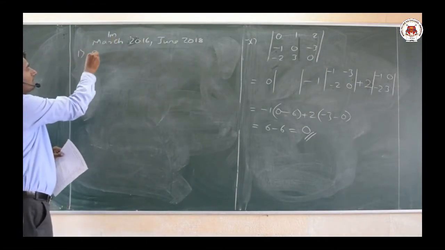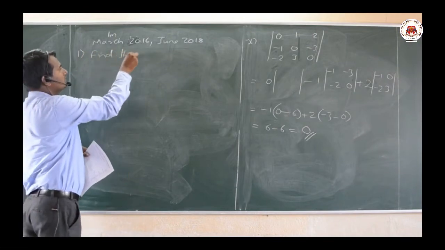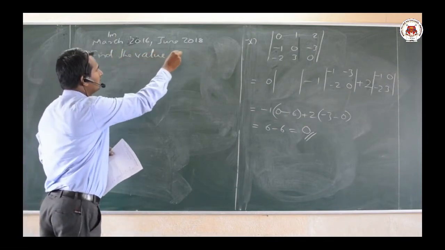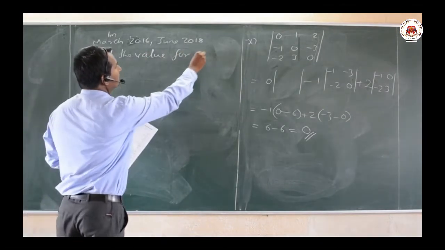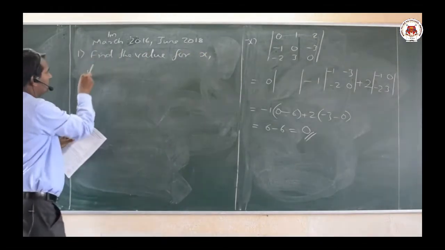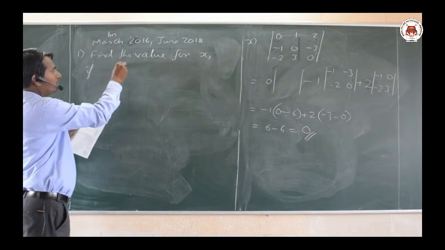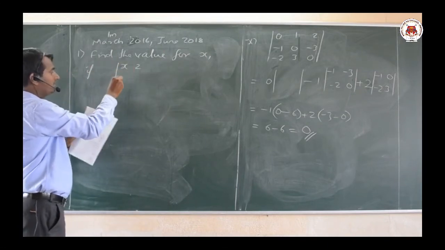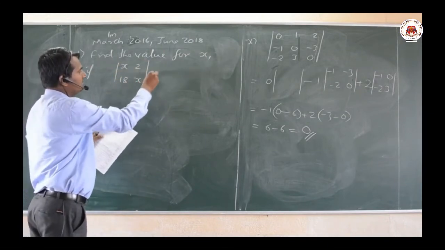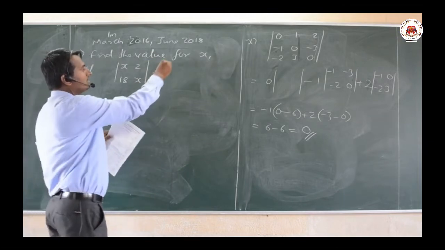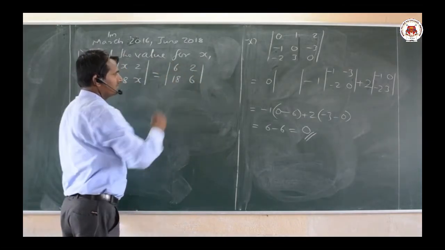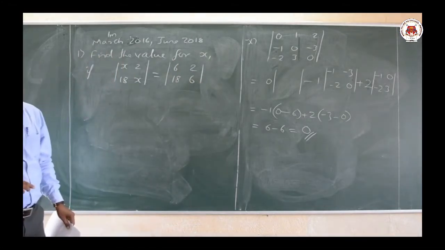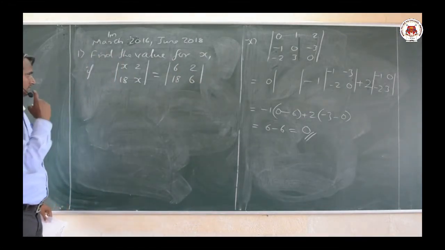Find the value of x if the determinant of x, 18, 2, x equals the determinant of 6, 18, 2, 6. Okay, this is a question paper problem asked for 1 mark.